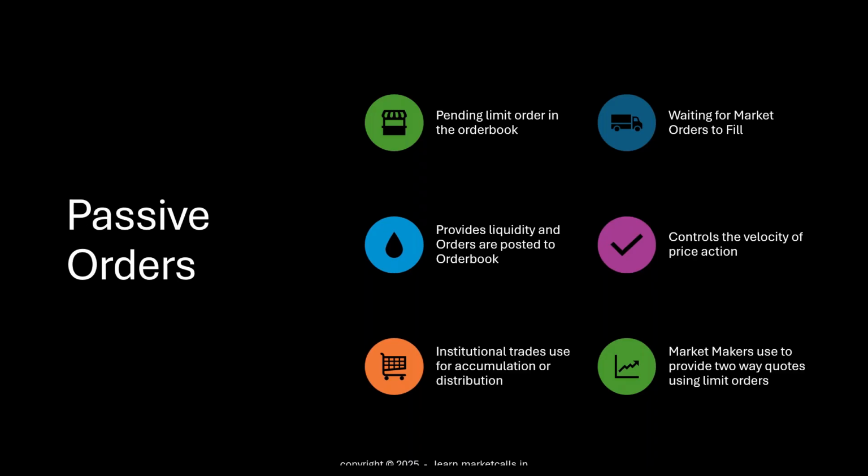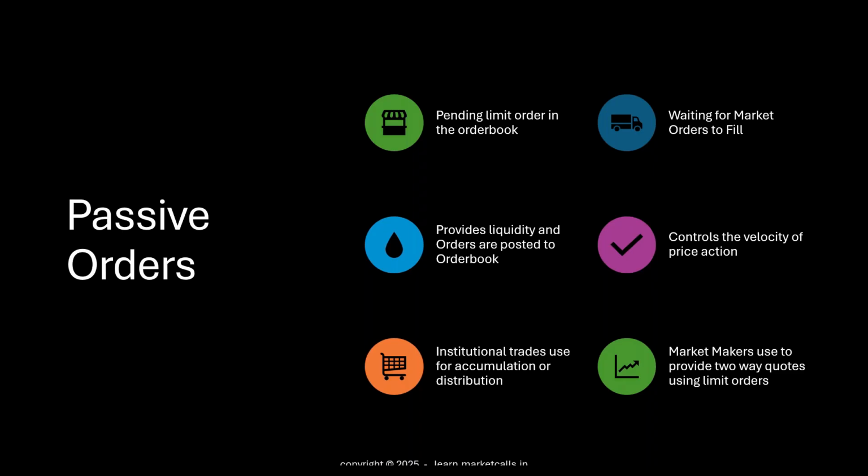Whereas limit orders control the price action. Limit orders are nothing but pending orders. They're not going to move the markets. They're just going to sit in the order book and provide liquidity. They control the velocity of the price action. But you cannot underestimate limit orders, because they are one of the weapons of institutional traders, right? Even Jane Street used limit orders as a weapon to control the markets.